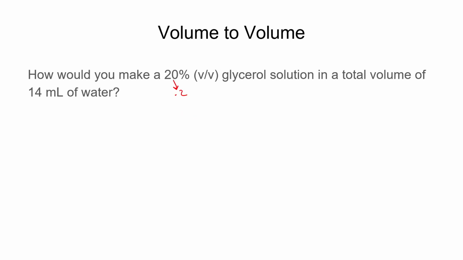So we have 0.2 equals x over 14. 0.2 times 14, and we get 2.8 mils. Very similar math as before, except our units are going to be in mils because it's a volume to volume.